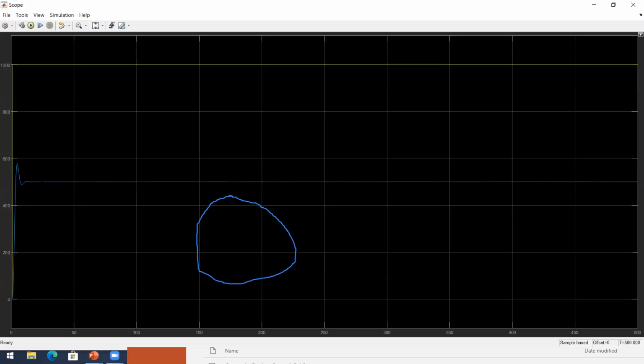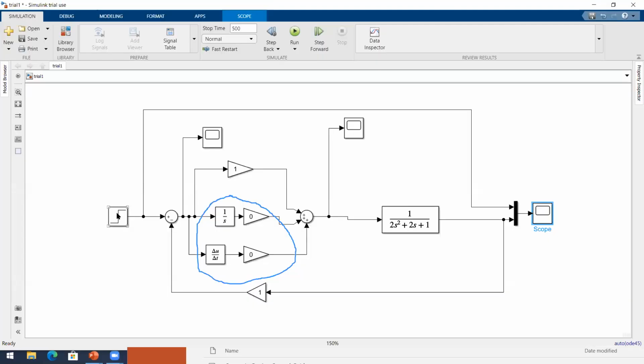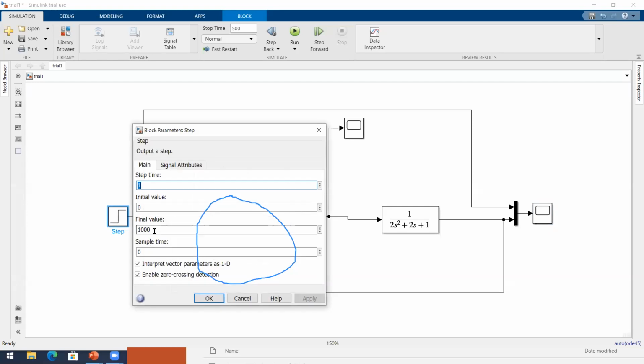It will be somewhere around 500. Why I am showing this is, this need not always be 1. For simplicity, we keep it as 1. This can be of any value.